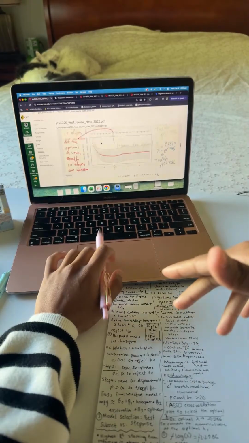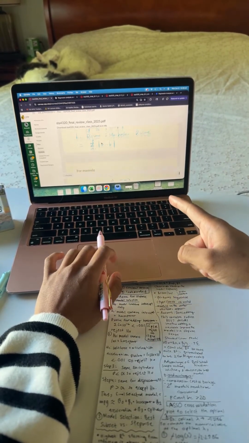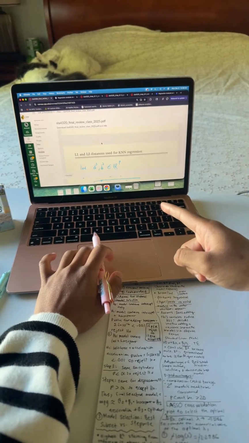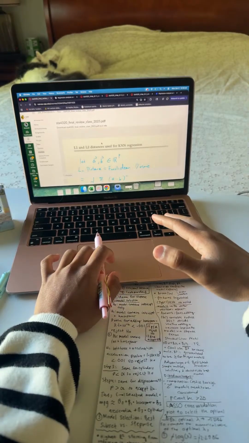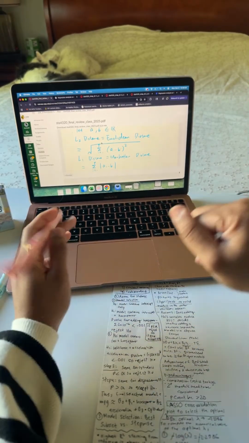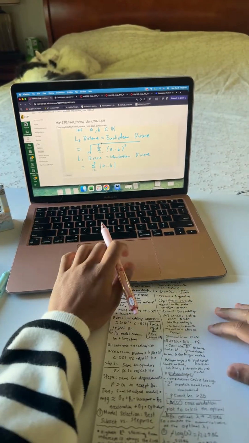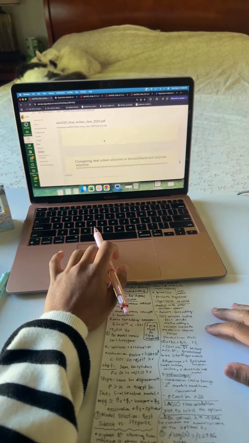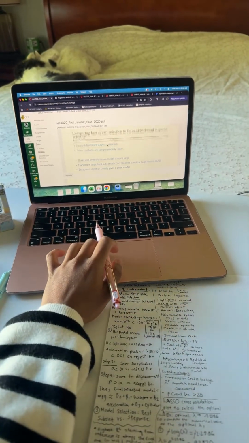I think the last thing is this thing that I haven't studied yet, but I remember doing it for the second midterm, so I have to just write down the formulas and all that. But I'm not really sure where I left off on my cheat sheet, so let's see.